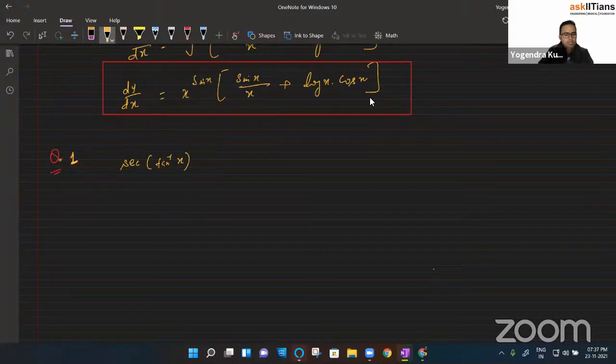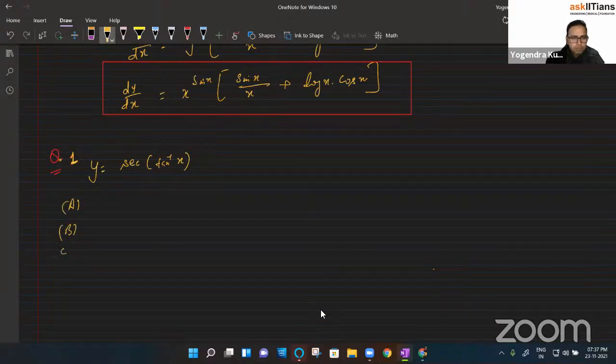I have options. Differentiate this. y is equal to this is what is given, and they're asking what is dy by dx. Should I write the options? Do it fast.